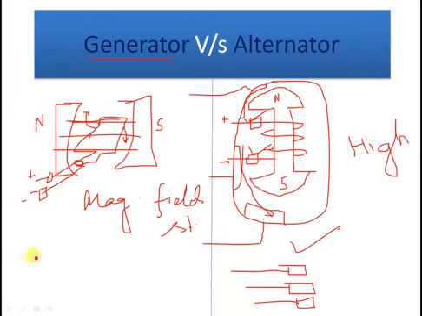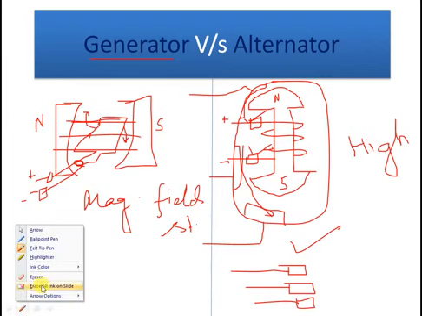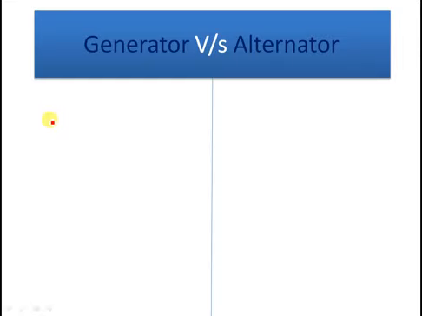Another difference is not that important, but this one was really important. You should note it down, that this is the basic difference between generator and alternator. Apart from that, a generator is bigger in size compared to an alternator.